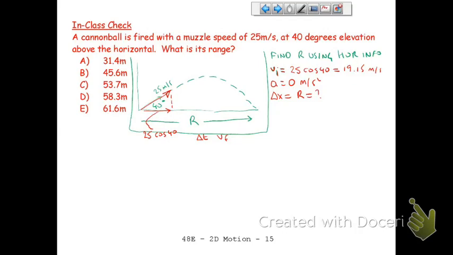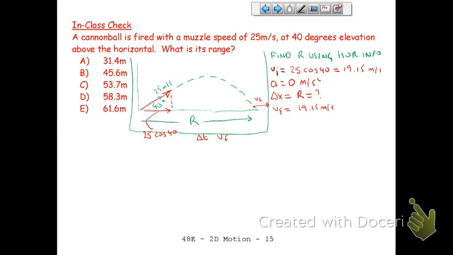And you do know the VF. There's no question. The VF, don't copy this down, or if you do, leave space, because VF is going to equal just the same, 19.15 meters per second. Same direction, same speed.